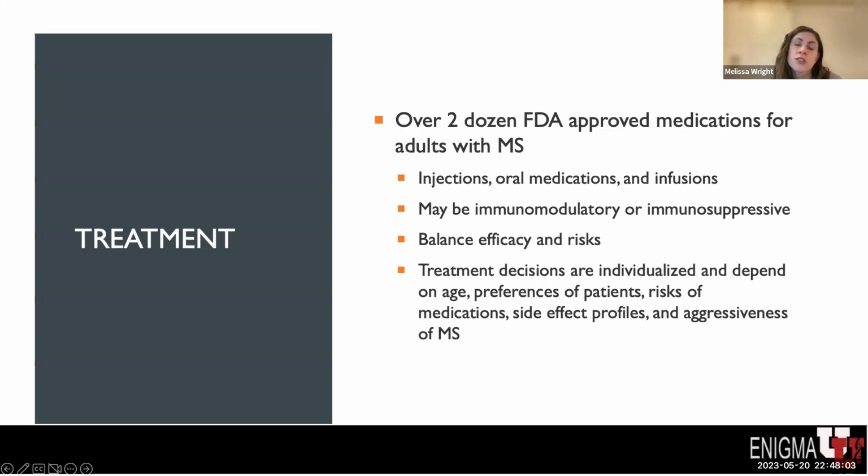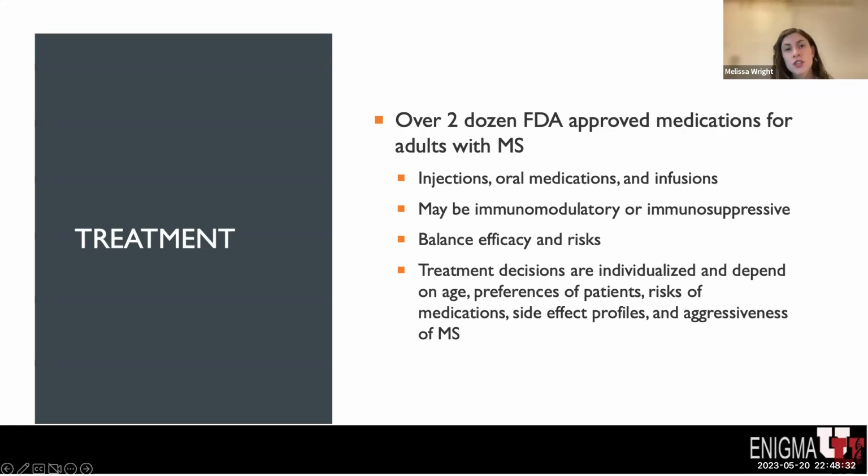There are multiple factors that go into this, including age, the preferences of patients, risk of medications, side effect profiles, and the aggressiveness of multiple sclerosis. For example, if we have a patient who seems to have very mild lesion burden and really no neurologic dysfunction at the time of diagnosis, then we may opt to choose an immune modulatory medication with lower risks.